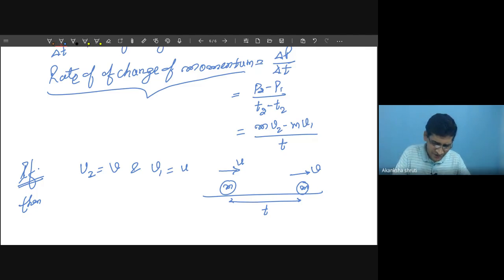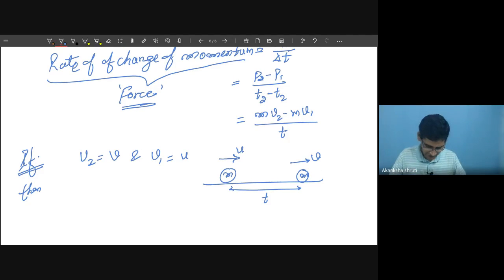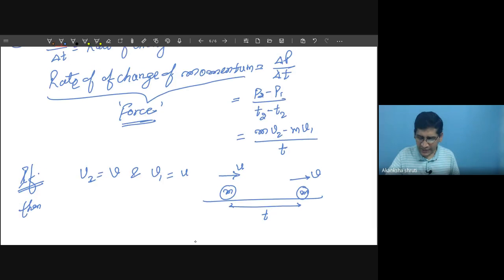And this rate of change of momentum is called force by the second law of Newton. So the rate of change of momentum, or the force, is what is applied to change the speed from U to V. So this is the force applied.